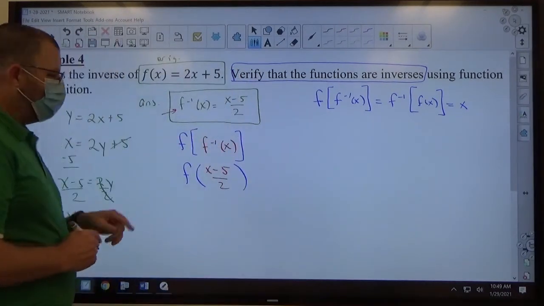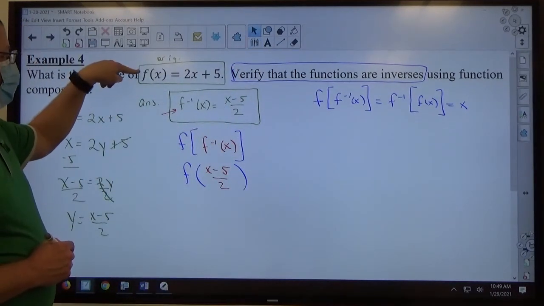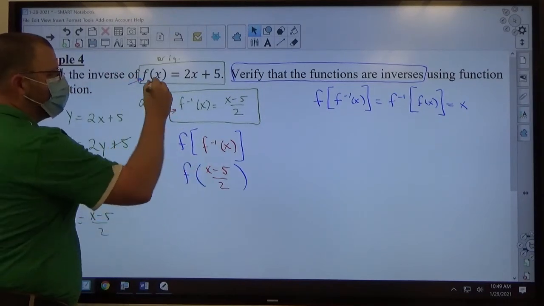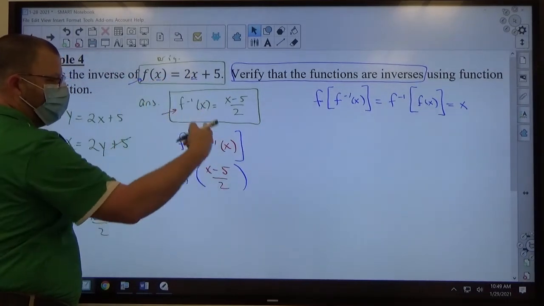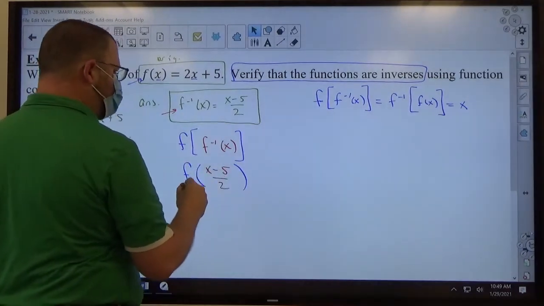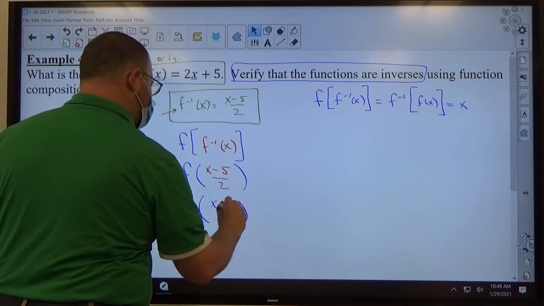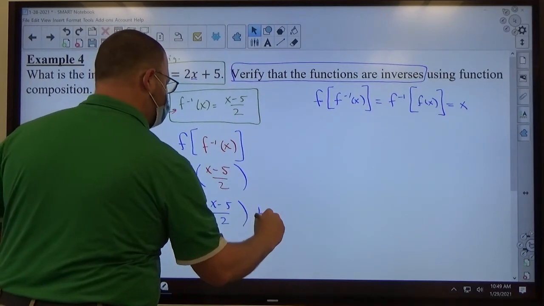Then f of something means to take function f, which is this function up here, and change the x's into this thing right here. So f of x minus 5 over 2 is 2 times x minus 5 over 2 plus 5.